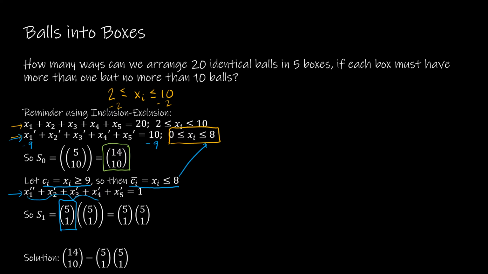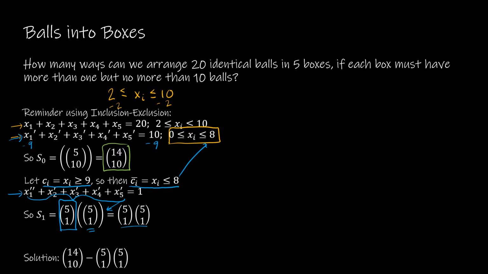That linear equation model gets rewritten as a combinations with repetition model. So 5 boxes with just one item left to distribute. That gives me 5 choose 1, and then this is 5 plus 1 minus 1 choose 1, which is 5 choose 1.